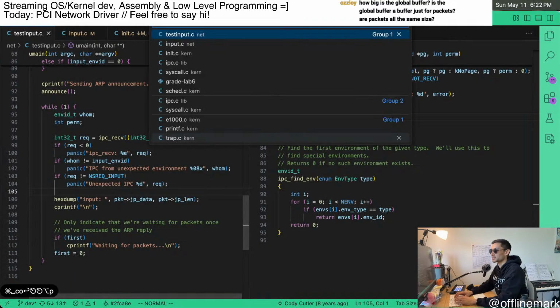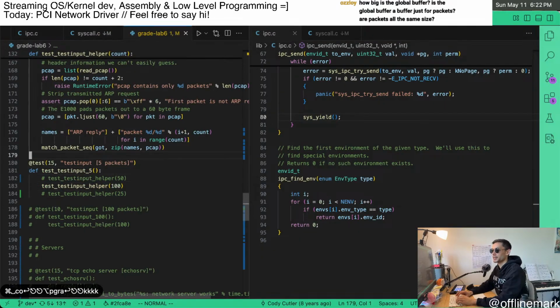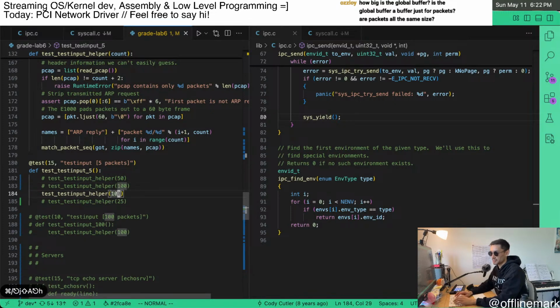So just to come back, here's the grading script that we're running, and we're running the 100 packet test. We can even do a stress test. What if we did 500 packets?